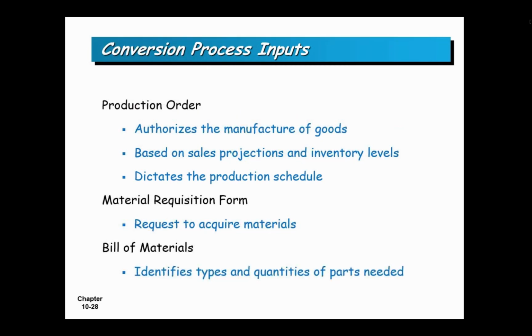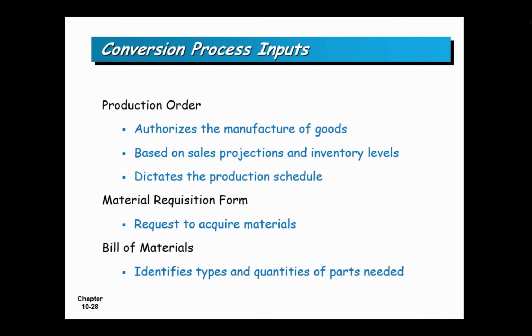Bill of materials, who knows what a bill of materials is? It is the listing of everything, both in terms of what it is and the quantities that you need to build a product. And so it really comes from engineers who say, here's what it takes to build a jet engine.